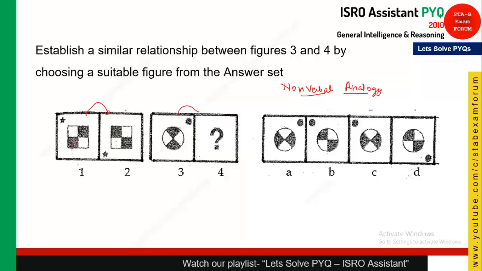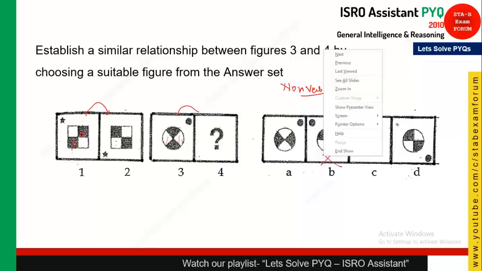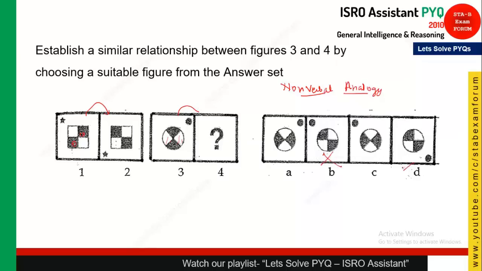As you can see, this is black, this is black, and now they have reversed, so in the next figure here should be the black. Out of these four options you can simply ignore this option and this one, so you are left with option A and C.